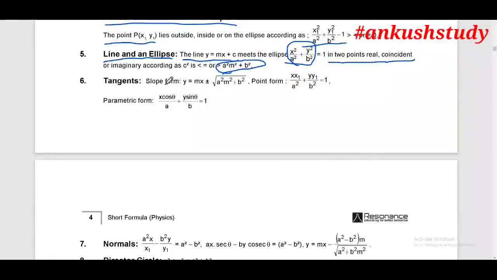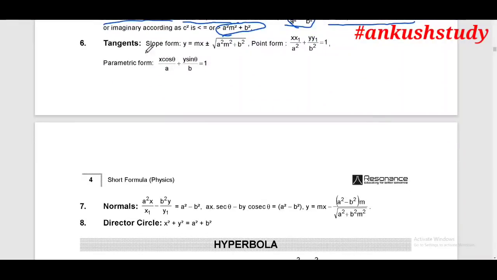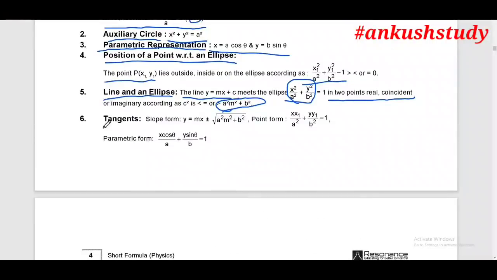Okay, so now the tangents formula is, slope form: y is equal to mx plus minus root of a square m square plus b square. Okay, so this is also an important one.